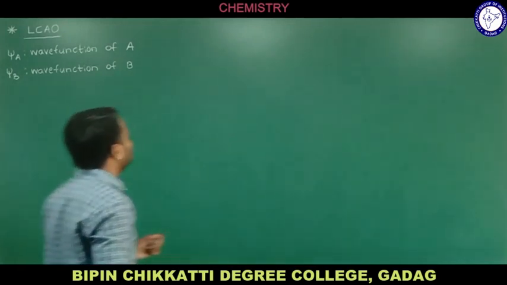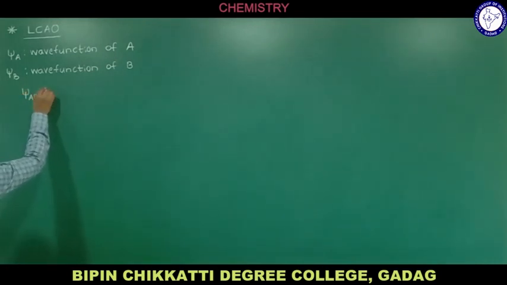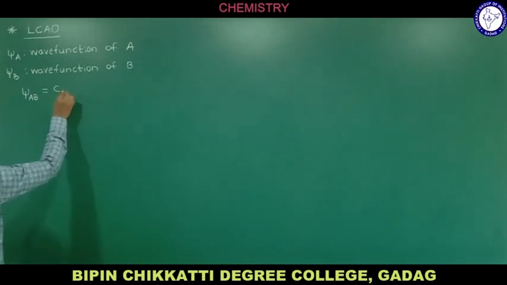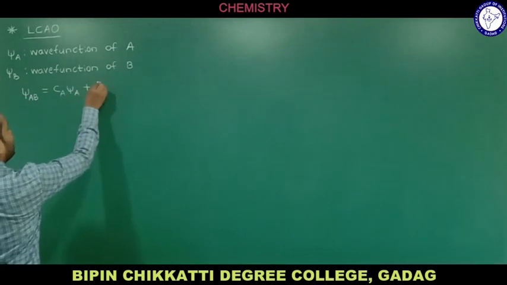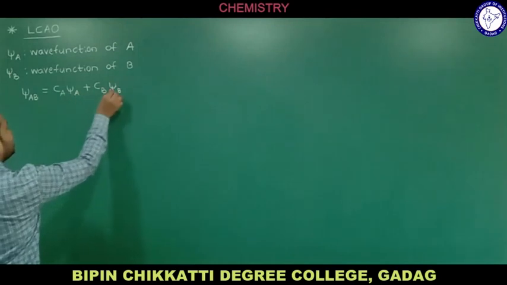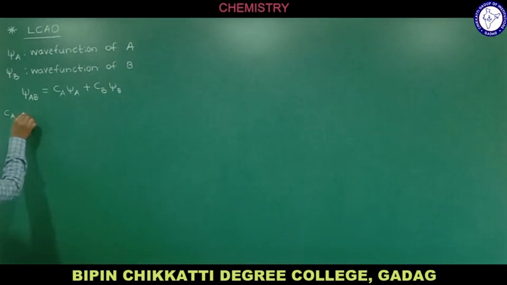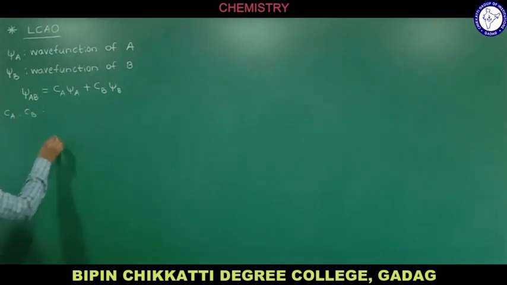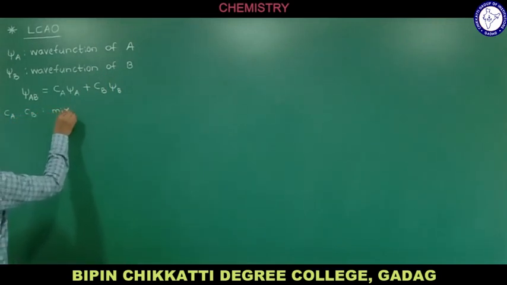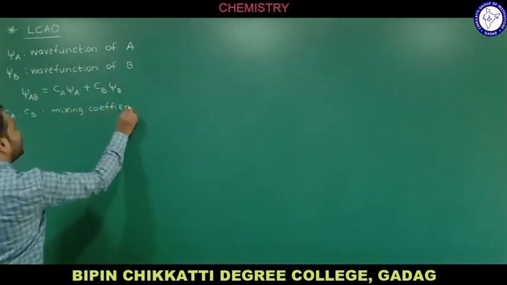So how can we represent the wave function of molecular orbitals? Here I am going to consider the wave function of the AB molecular orbital, which equals the linear combination of atomic orbitals: Ca psi A plus Cb psi B. We know psi A and psi B are the wave functions of A and B, whereas here I represented 2 constants, Ca and Cb, and I call these mixing coefficients.